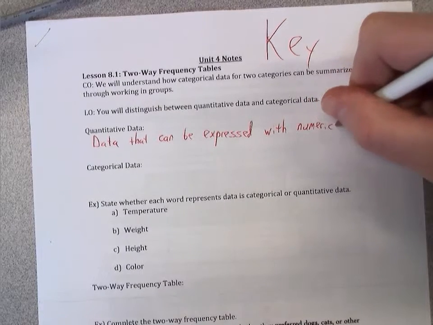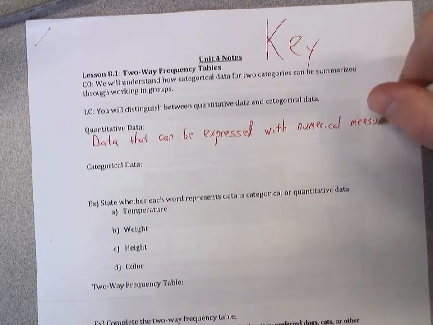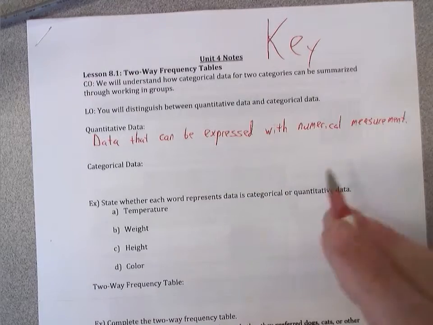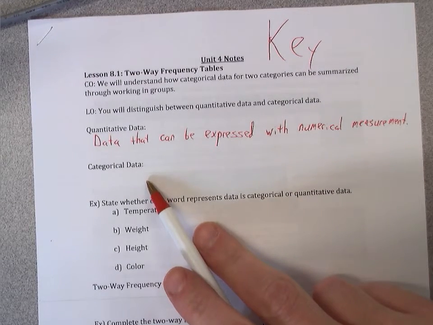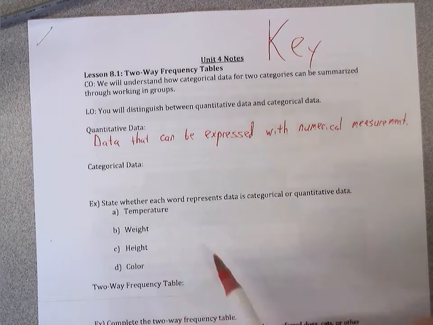That is quantitative data. Categorical data is any data that cannot be expressed using numbers.